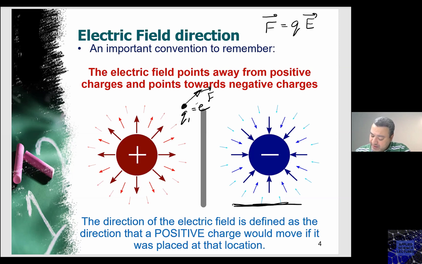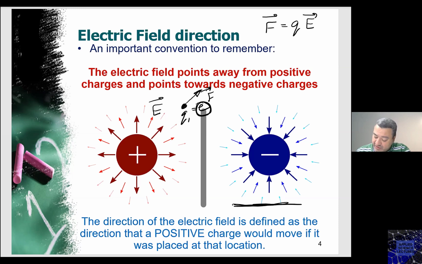So here the electric field agrees with the force if the charge is positive. If the charge is positive, then the force induced on this charge agrees with the electric field in direction.